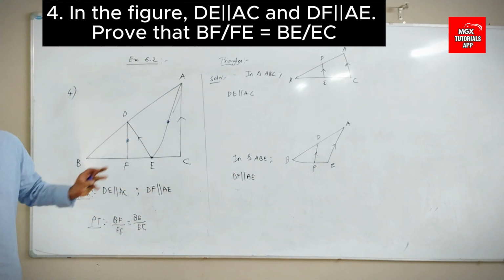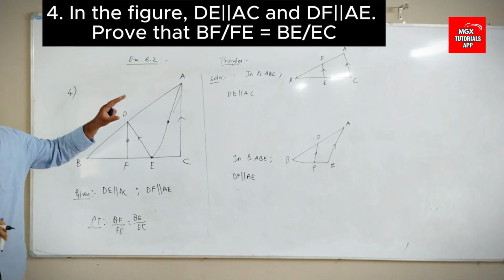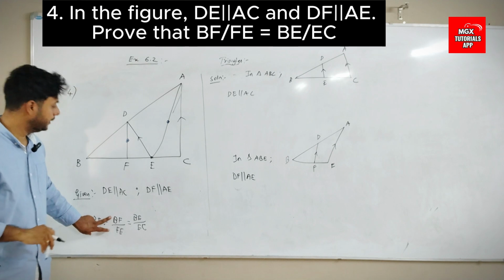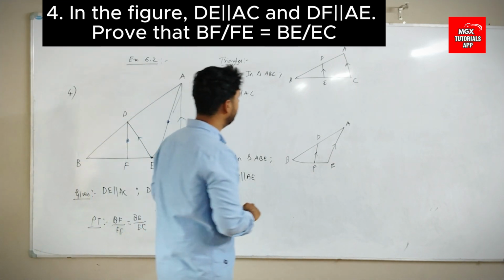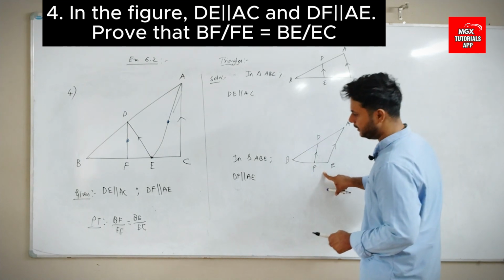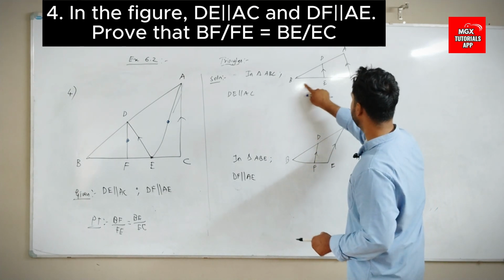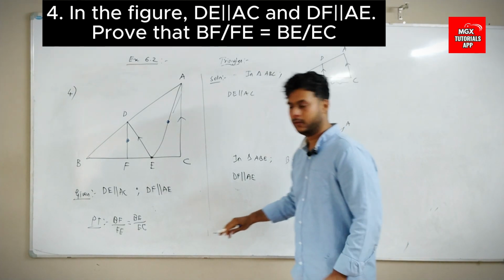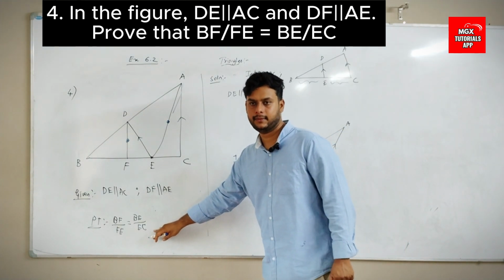What you can do is you can remove those out. Add the parallel one. Okay. Now see here, I should prove that BF by FE. BF by FE is here. Next BC by EC is here. BC by EC they want. Go to the proof, you will understand what to take.